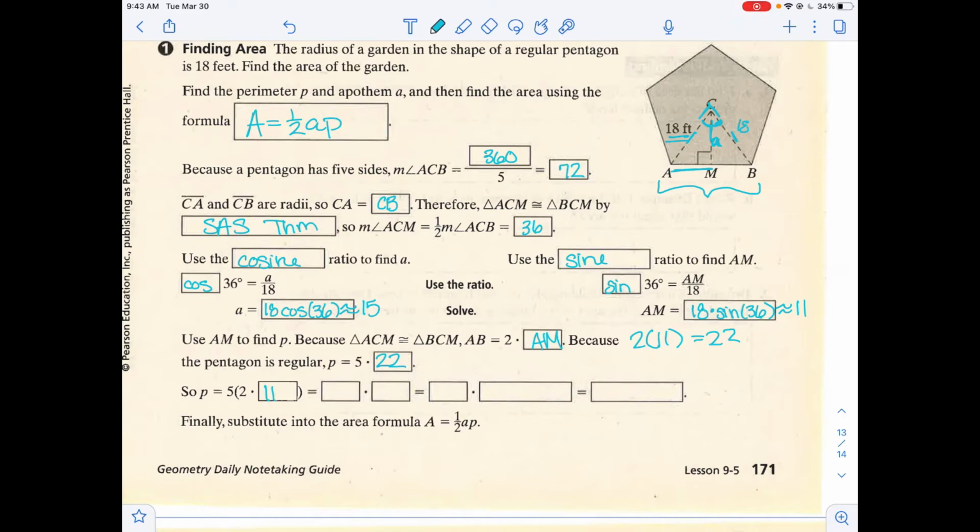So 5 times 2 times 11, which is 5 times 22. And 5 times 22 is 110. We're going to skip this step. We got 110.